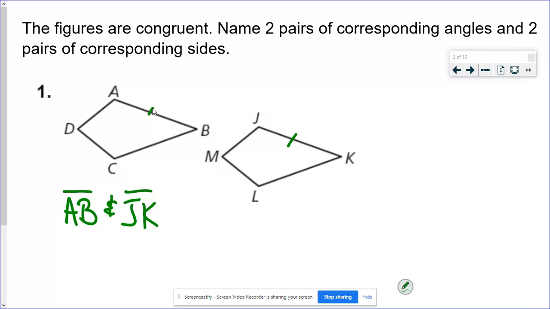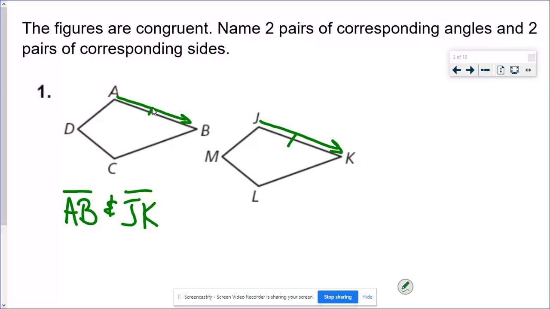Now, please make sure that you call it AB and JK, not AB and KJ. I would want to go in the same order. If I'm going from A to B, I would want to do the same thing here. So then any other pair, because I'm only asking you to write down two pairs in this example, two pairs of corresponding angles.